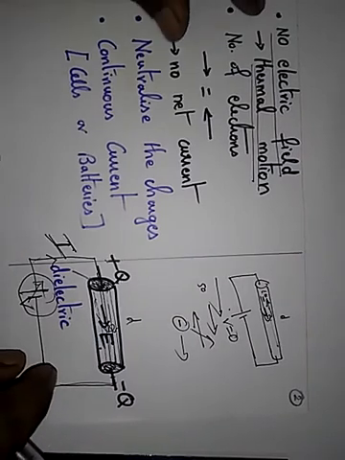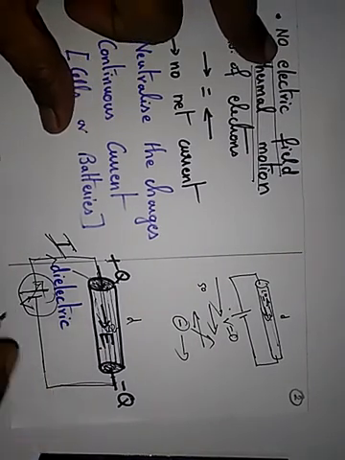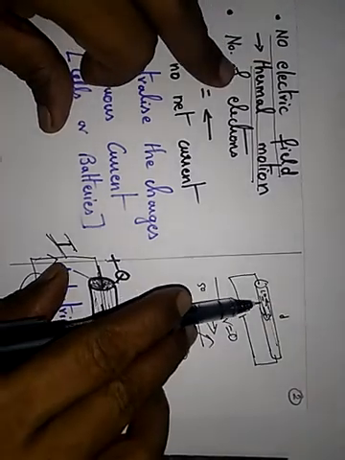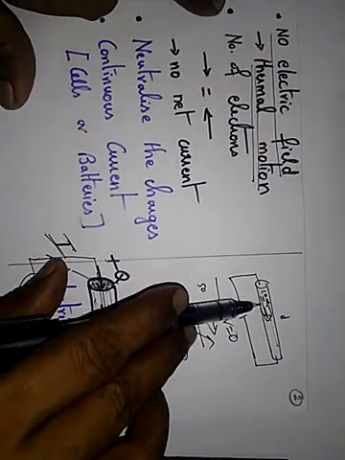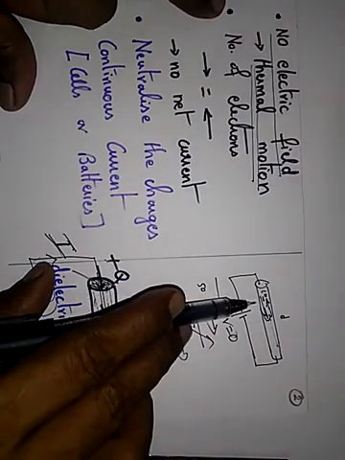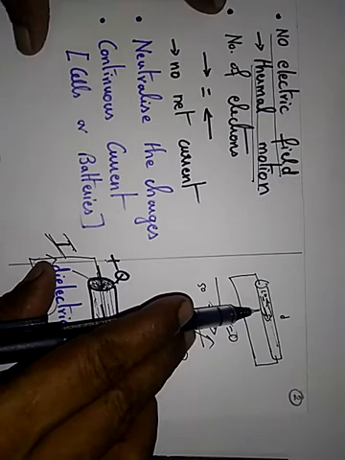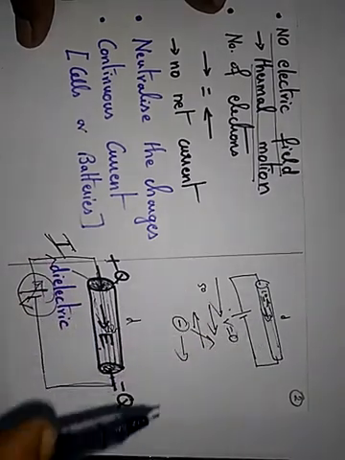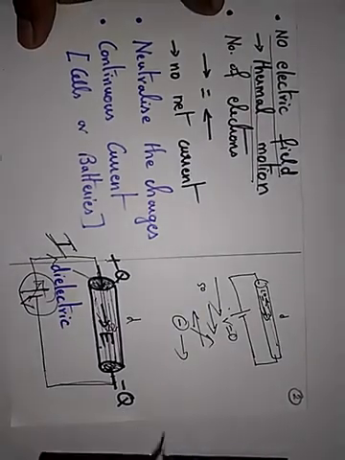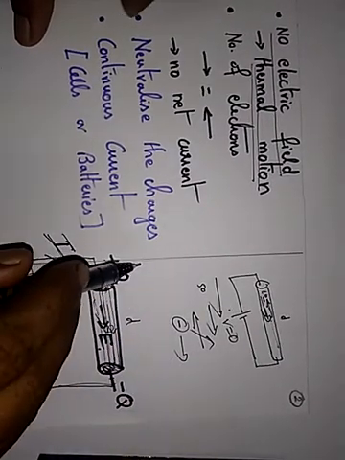When you apply no electric field, voltage is not applied, then because of thermal motion, an agitation appears within the conductor. Before and after collision, the electron's speed will be the same, whereas the direction is random, and the number of electrons moving in the positive direction is equal to the number moving in the negative direction.